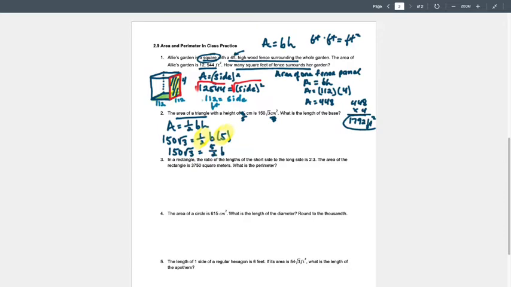So now then I'm trying to undo what's happening to b to solve for b. B's being multiplied by 5 and being divided by 2. So to undo it, I'm going to multiply both sides by 2 and divide by 5. So these cancel over here. When you multiply something with a square root like this, you ignore the square root. I mean, you're going to put it at the end, but when you're multiplying, you're just focusing on the 150, the 2, and the 5.